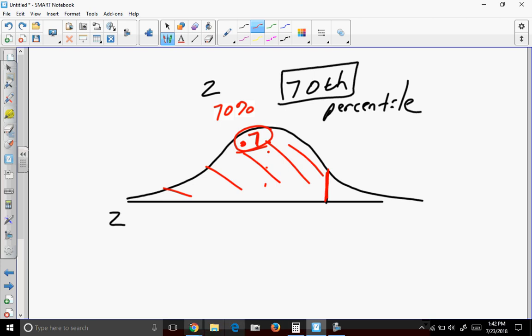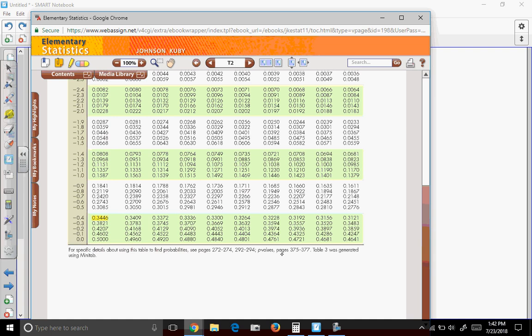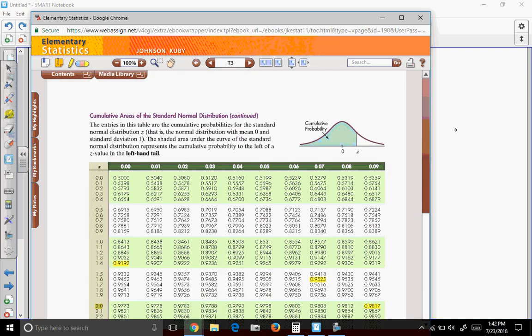So if we go to our table, we try to find where we have an area of 0.7 to the left. So we look through here, and here 0.69s, 0.7s. The one that's closest to 0.7, this is an area, and remember these are areas, not the z-values.